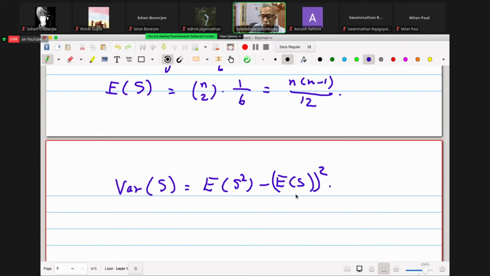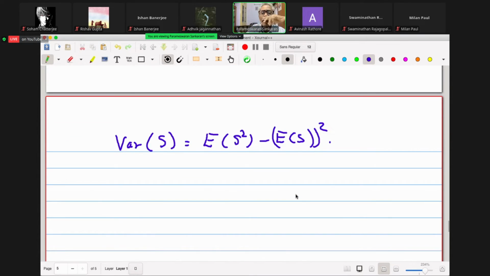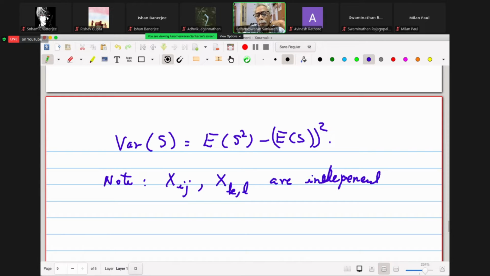But if you recall, instead you can do the following. Note that Xij and Xkl are independent random variables. This is something we have observed.